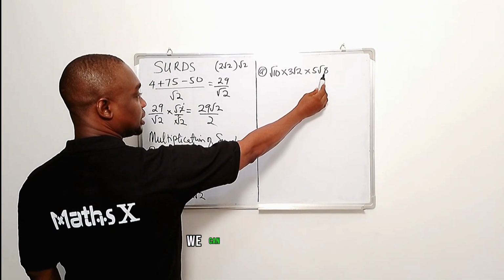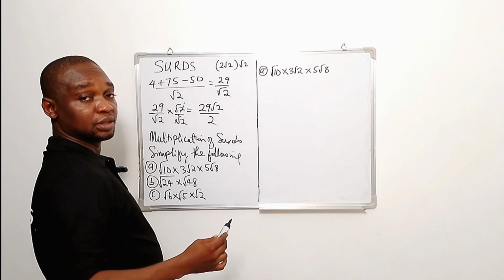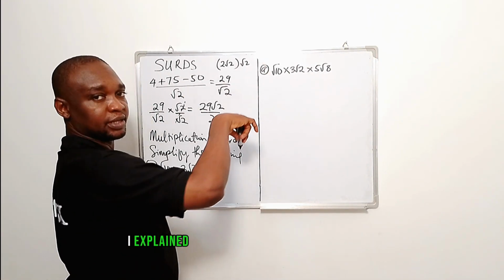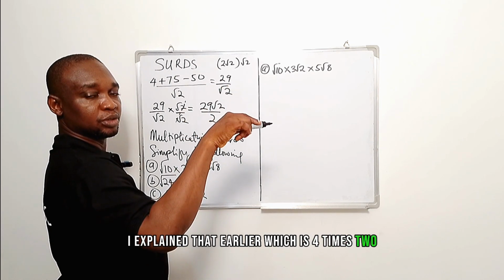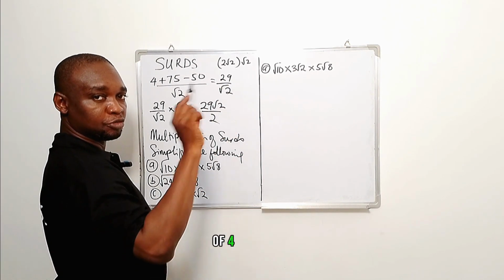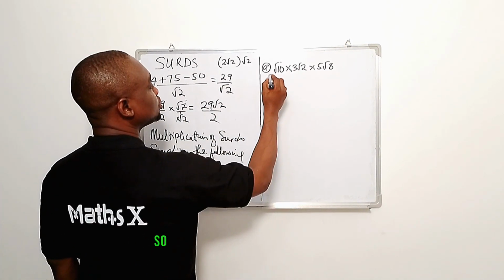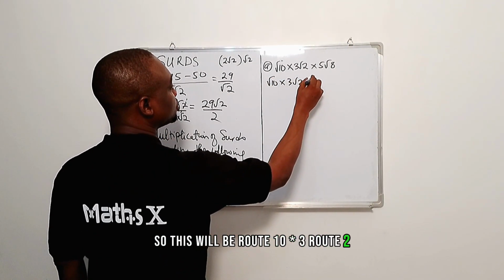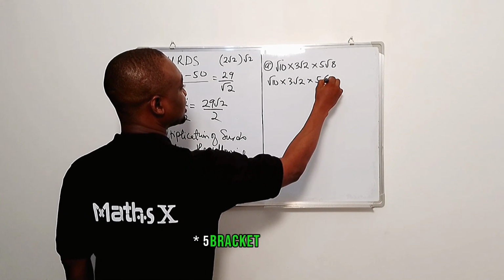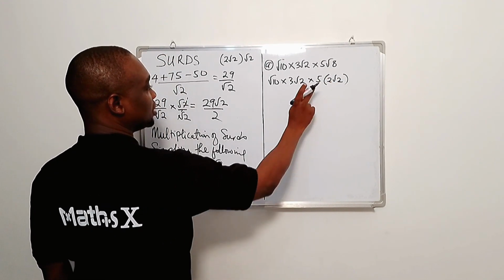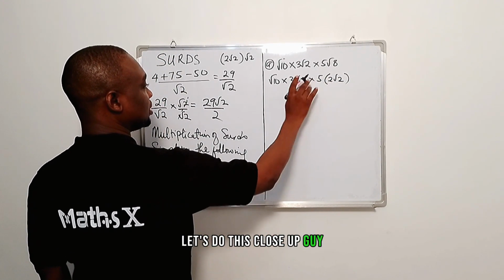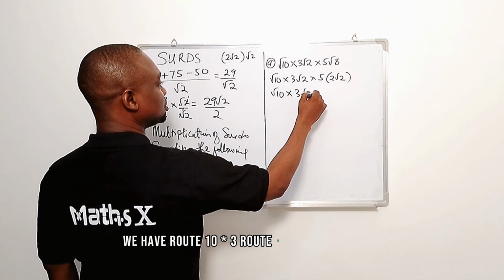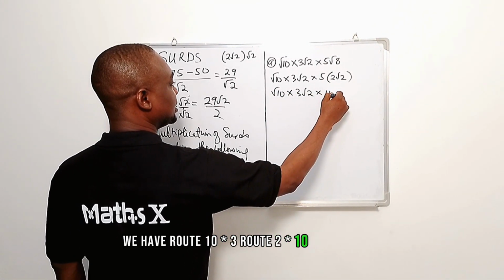Look at the 8, we can break this down. Root 8 is 2 root 2. I explained that earlier, which is 4 times 2, right? Square root of 4 is 2, so 2 root 2. So this will be root 10 times 3 root 2 times 5 bracket 2 root 2. Let's do this. Close that bracket. We have root 10 times 3 root 2 times 10 root 2.